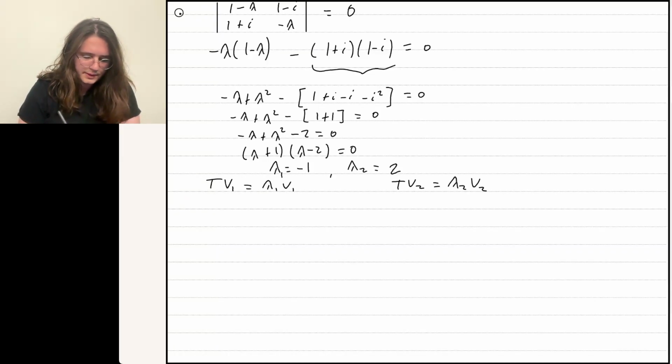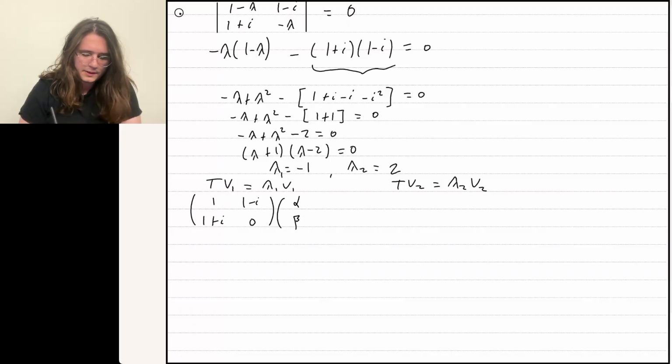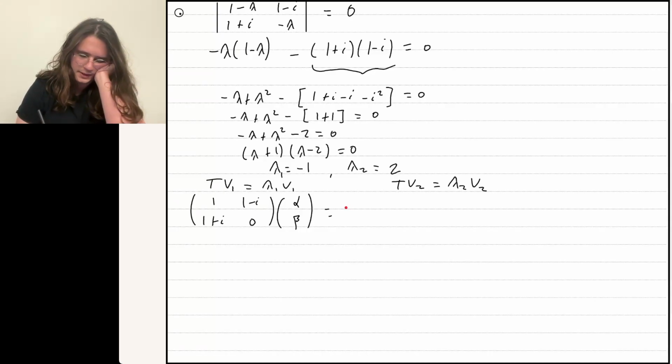So just multiplying T by a vector that we don't really know yet, so it's going to be 1, 1 plus i, 1 minus i, 0 times alpha, beta, just calling the components alpha and beta right now, equals, and I'm going to use lambda 1 on the right hand side, so it's going to be minus 1 times alpha, beta.